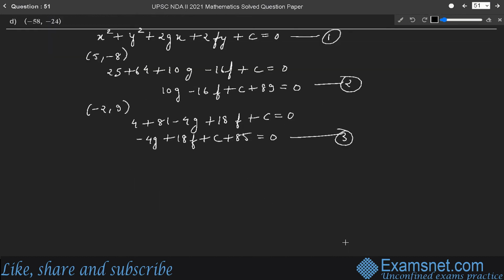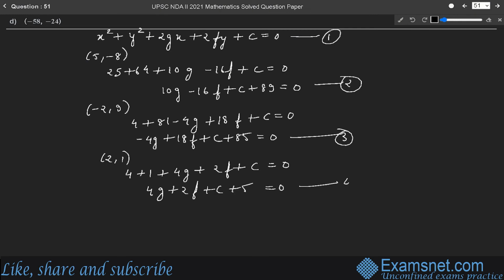And at last, when the equation passes through the point (2, 1), it will be 4 plus 1 plus 4g plus 2f plus c equals 0. So it will be 4g plus 2f plus c plus 5 equals 0. Let this be equation number 4. Now on solving equations 2, 3 and 4, first we subtract equation 3 from equation 2.